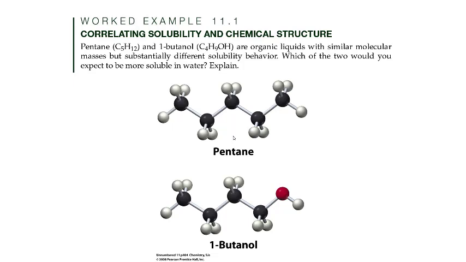So polar solvents are unlikely to dissolve nonpolar solutes, and nonpolar solvents are unlikely to dissolve polar solutes. Given that idea, we ask the question: pentane, which is C5H12, and 1-butanol, which is C4H9OH, are organic liquids with similar molecular masses, but substantially different solubility behavior. Which of the two would you expect to be more soluble in water? And explain. Pause the video for a moment and consider this example.